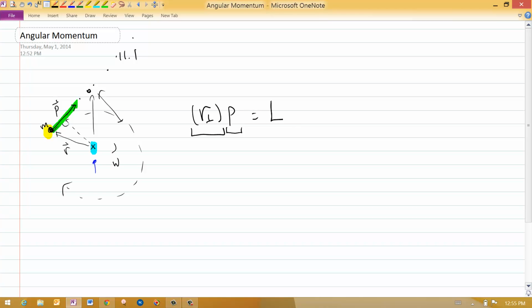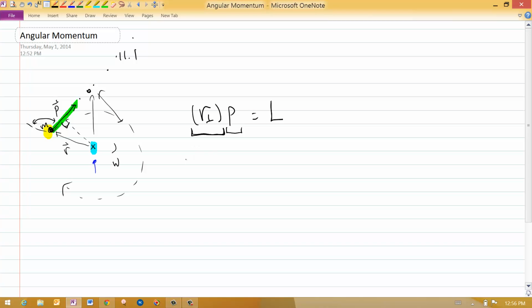Now, depending on the exact circumstances, if you've got geometry like I've laid out here, figuring out what this r perpendicular is a matter of figuring out the geometry of this triangle. So you have the r, this right angle, and the momentum. You need to know this angle to figure out how much of the r is perpendicular to the p.